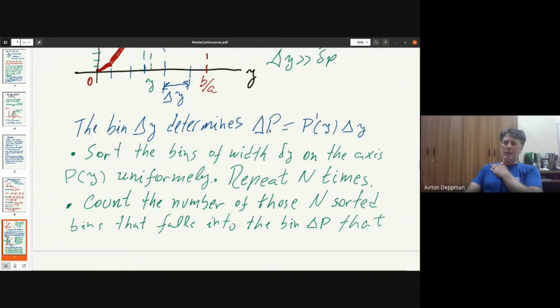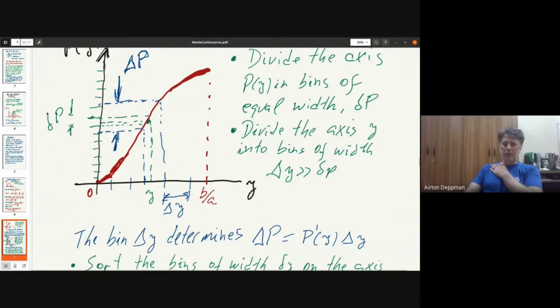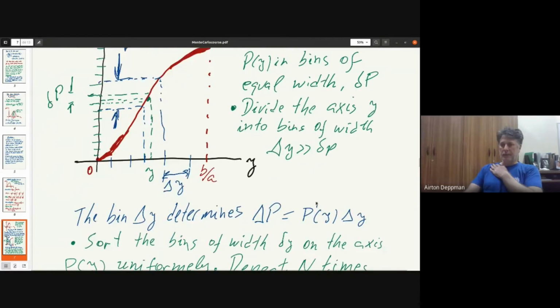Okay, so what is the number of bins of delta p that will appear here? It's just the capital delta P divided by the small delta p. So this is the number of events. So the number of bins that I have here will be equal to capital delta P divided by small delta p, and equals P prime of y delta y, right?